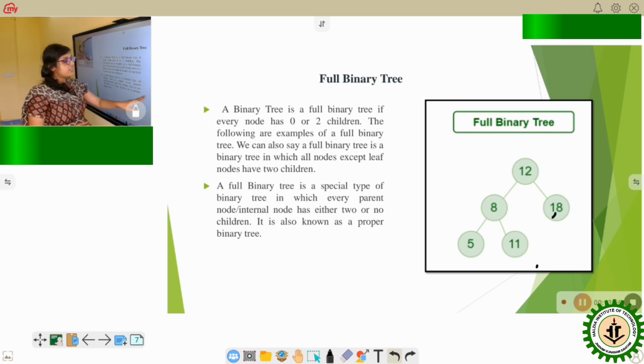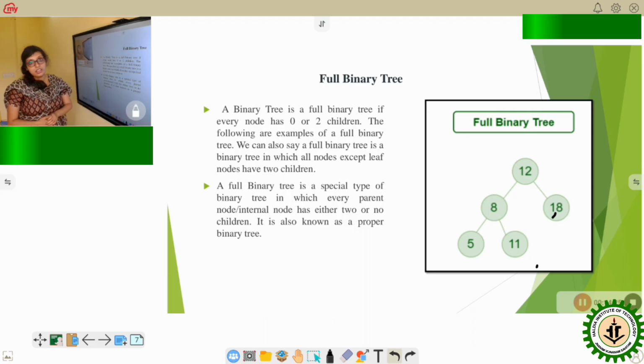Now, these 3 nodes have no children and all other nodes have 2 children. What are the other nodes? 8 and 12, they have 2 children. So, this condition is satisfied in this diagram using this concept of full binary tree. Now, a full binary tree is a special type of binary tree in which every parent node or internal node has either 2 or no children. It is also a property of a binary tree.